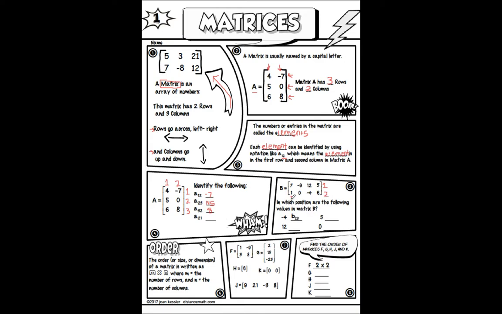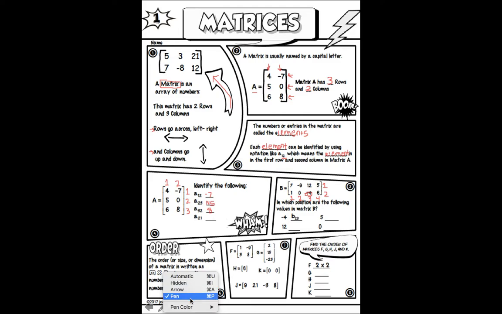This would be the first column, second column, third column, fourth column. So -4 is right here. This would be row 2, so 2 would be the first number, and column 3, so 3 would be my second number.